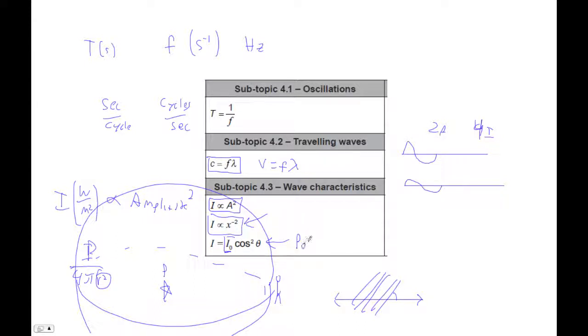So this is polarizing, which means that if they're at 90 degrees, well, cos of 90 is 0, and 0 squared is 0. Anyway, no light can get through if the filter is at 90 degrees to the plane of polarization.